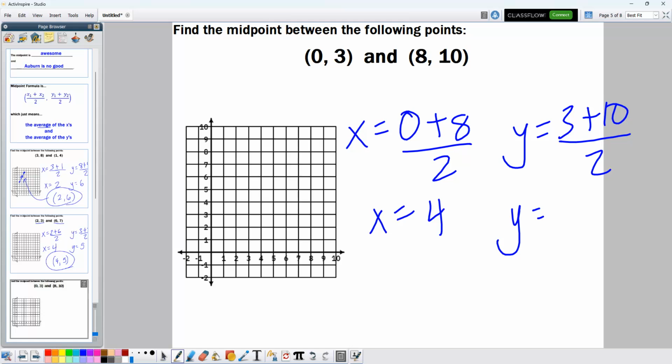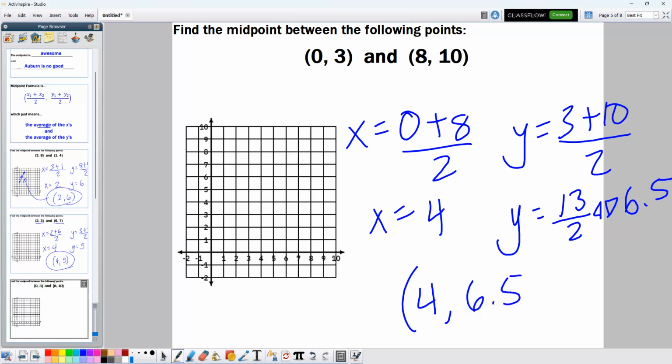What's that problem? It gives me a fraction. It's going to give me 13 over 2, and I got to punch my magic arrows, and my magic arrows will give me 6.5. Is that okay? Yeah, that's okay. X is 4, y is 6.5. That is my final answer.